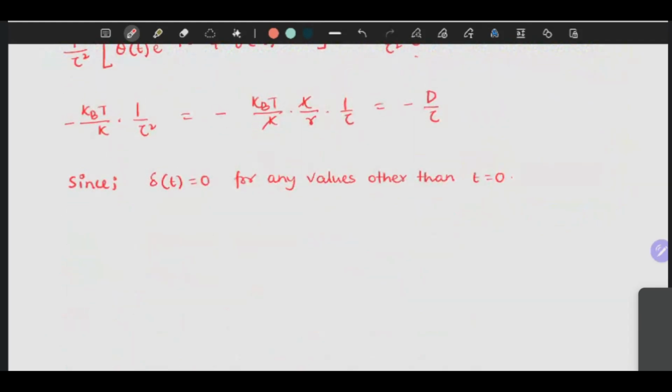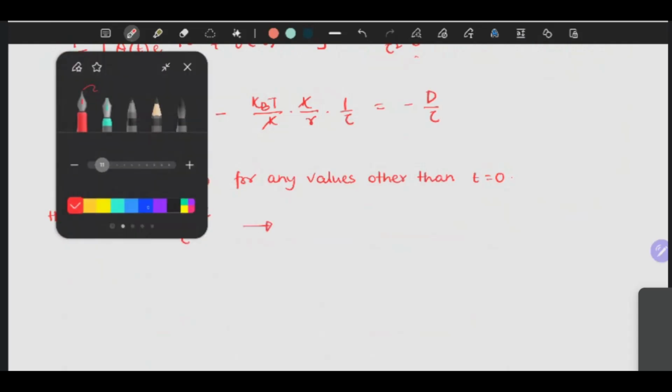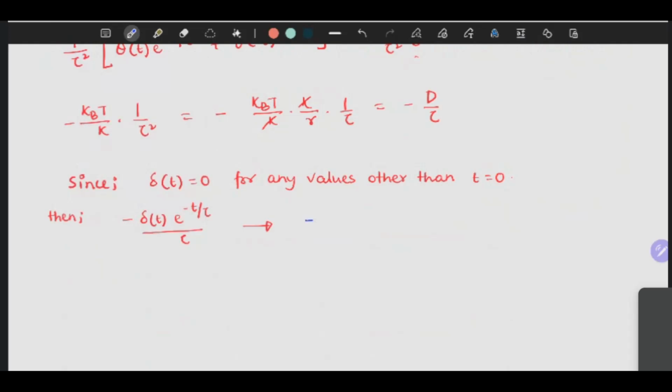So minus delta t e to the power minus t by tau becomes minus delta t by tau.